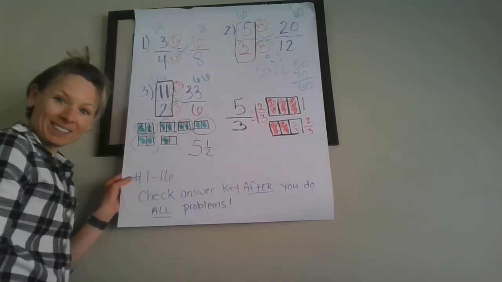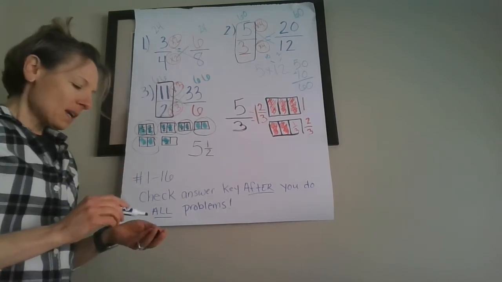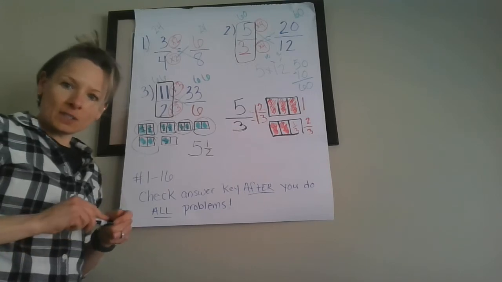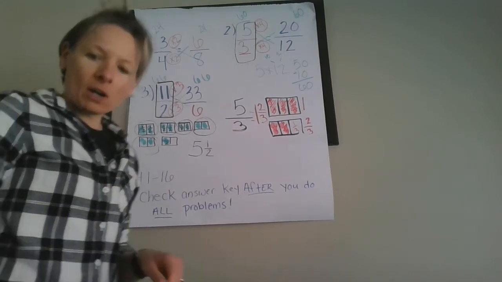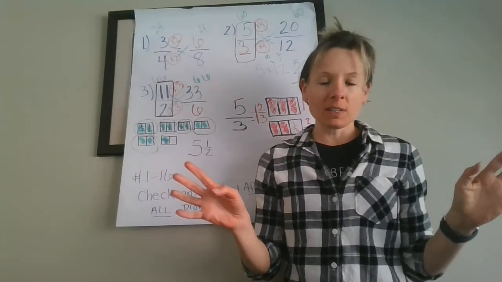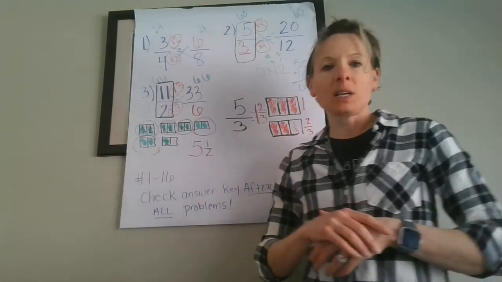Wow. Did you get it? Do you know it was 5.5? Bet you did. So this is the challenge for those kids that are breezing through equivalent fractions and you're not having any issues figuring out what the missing number is.